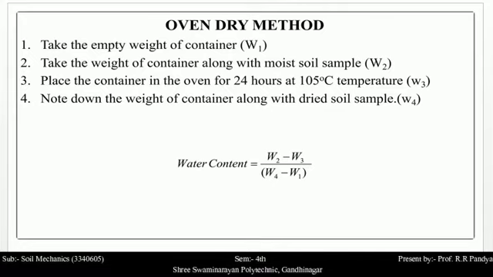First, take the empty weight of the container and name it W1. Then take the weight of the container along with the moist soil sample, the soil sample collected directly from the ground, and name it W2. Place the container into the oven for 24 hours at 105 degrees.